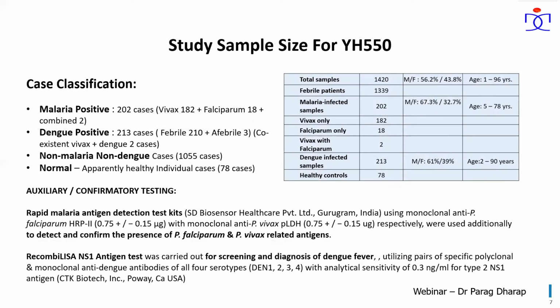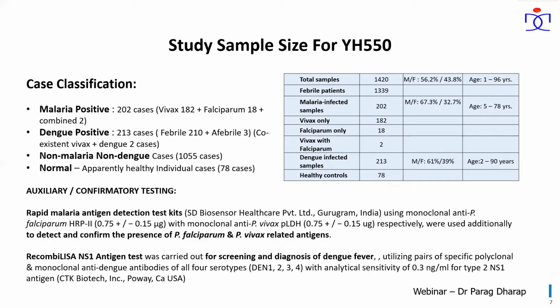All these cases collected were then further classified as malaria positive cases, dengue positive cases, non-malaria non-dengue cases, and normal, apparently healthy individuals.